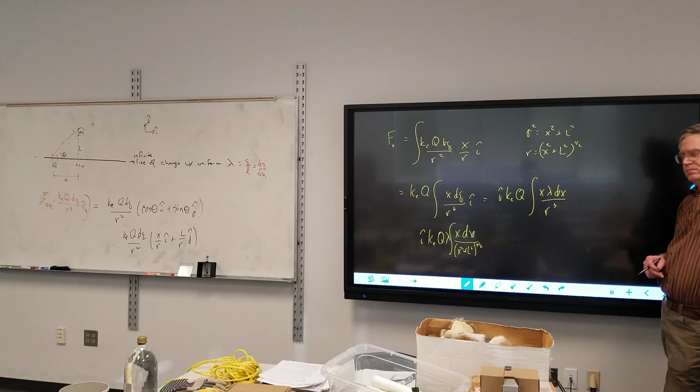How do we solve it? Single variable, we should do limits of integration next. What are the limits of integration? Negative infinity to infinity.